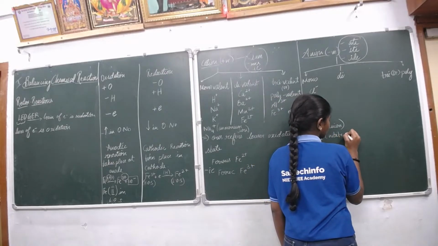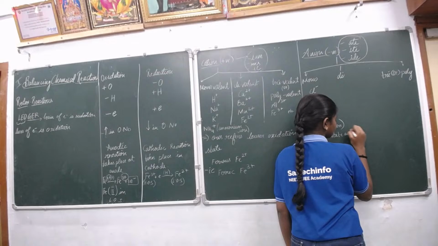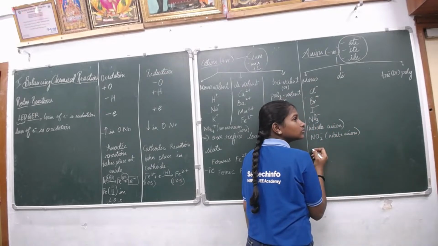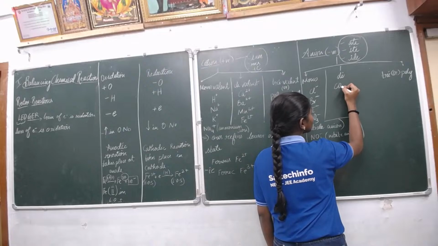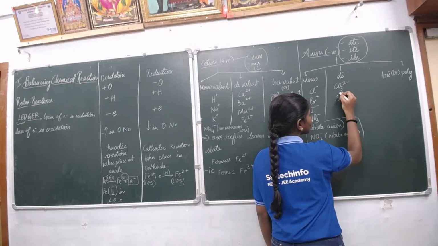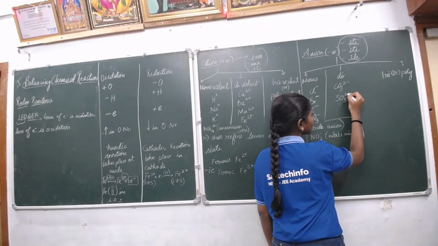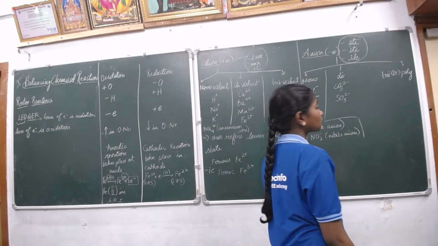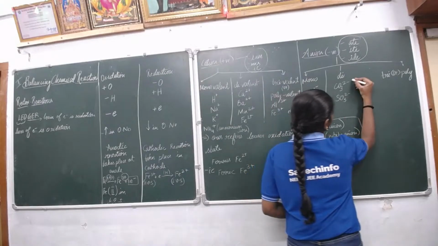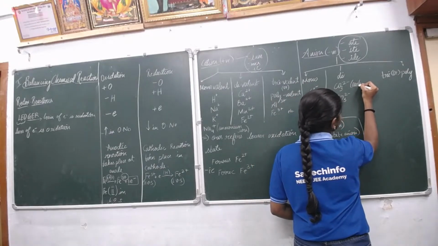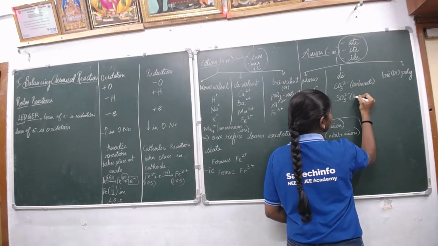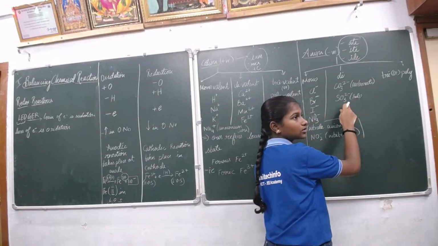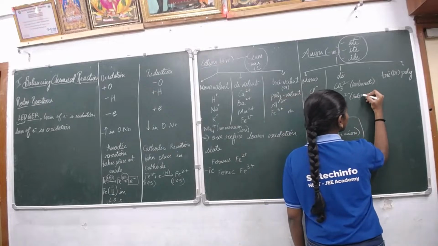Similarly, we have divalent carbonate anion, CO3 2 minus, and SO3 2 minus, sulfite anion. Write down carbonate, this is sulfite. Sulfate anion, SO4 2 minus. Similarly, sulfide is S2 minus.